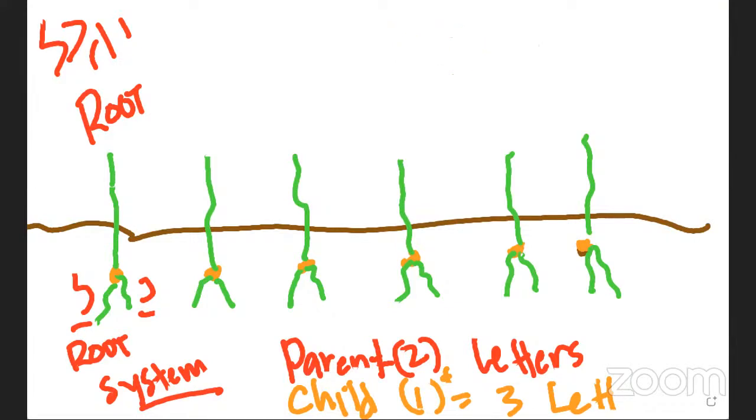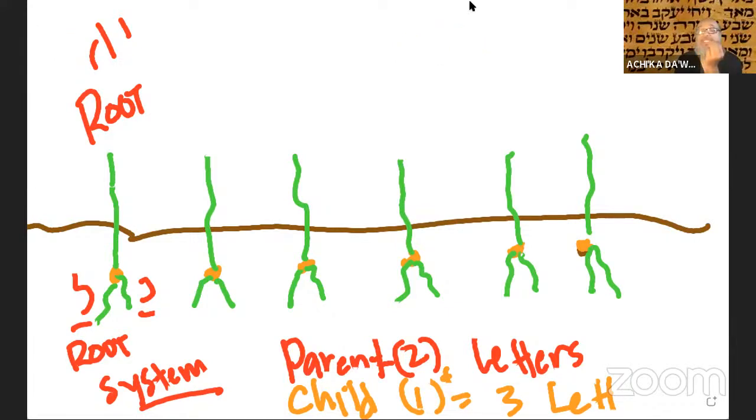Okay. I'm going to show you an example of what I'm saying. Let me show it to you, so you won't think I'm crazy. Let me show you things I have. Hebrew.